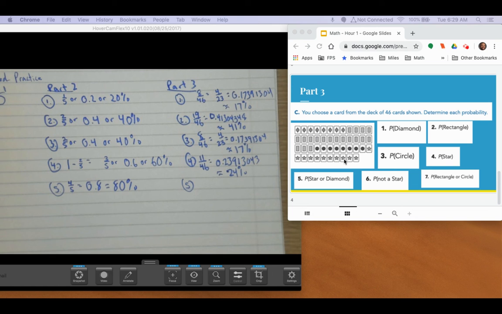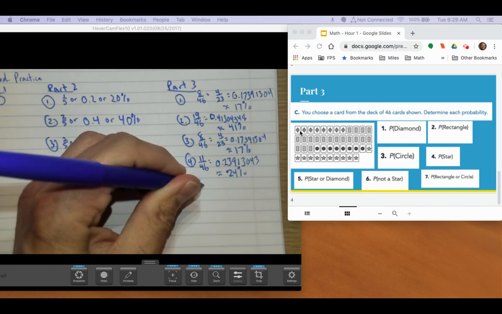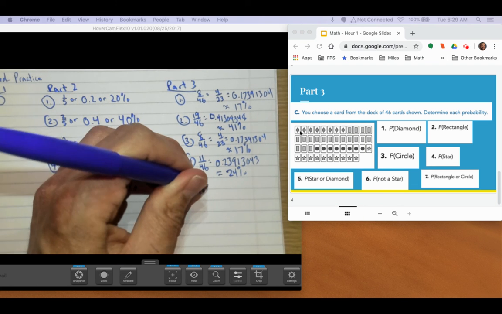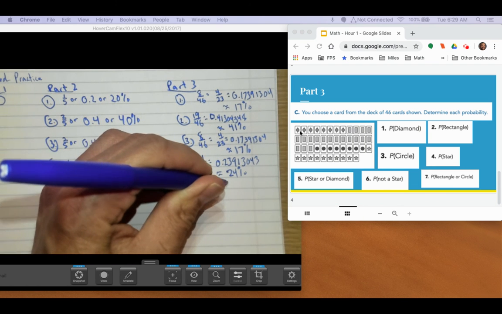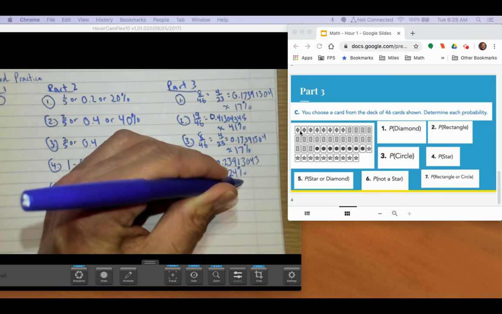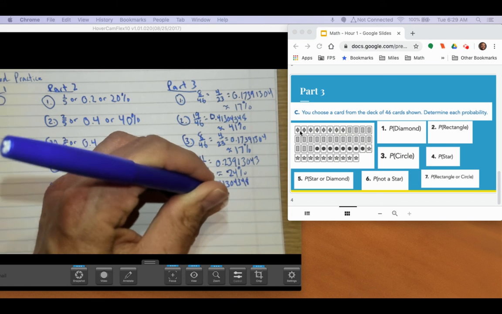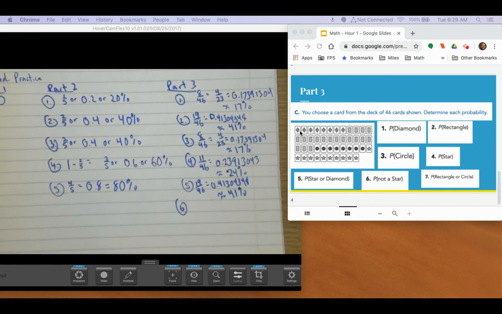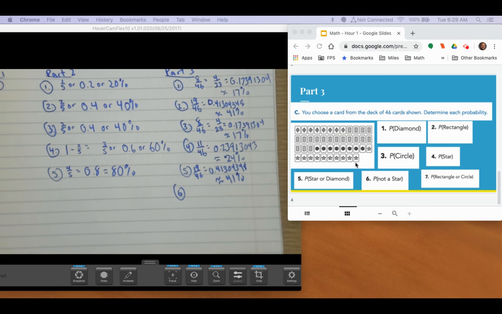So 1, 2, 3, 4, 5, 6, 7, 8, 9, 10, 11 stars, and 1, 2, 3 diamonds. 11 and 8 would be 19 over 46, which is about 41%. And then number 6, pause it and do it.